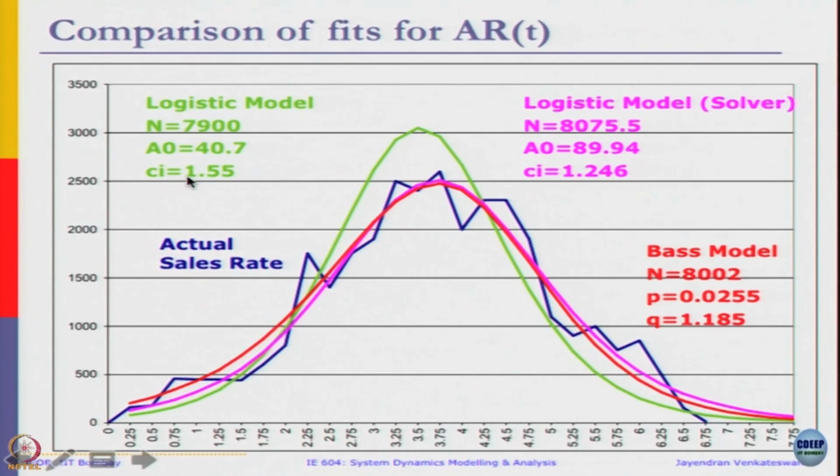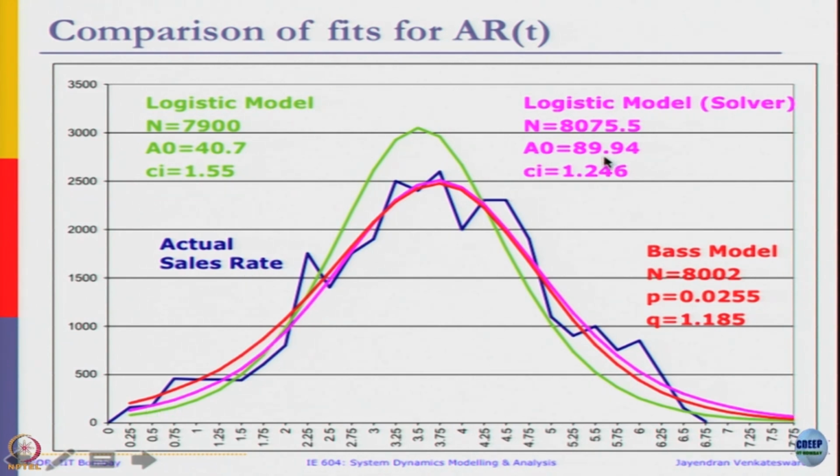The Ci and Q are reducing from 1.55 to 1.24 to 1.18. At the same time, N is very low and A0 is also quite low compared to the second case. So it had to take a corresponding Q value so that it can try to fit a curve as close as possible.